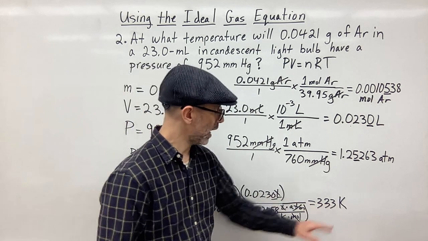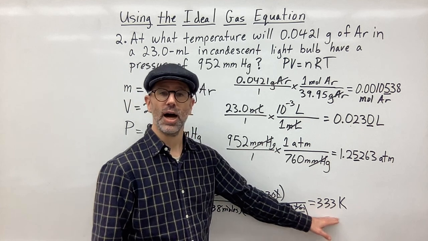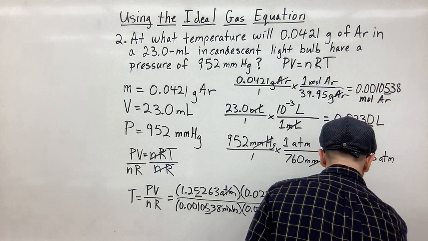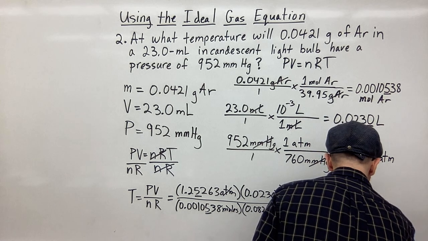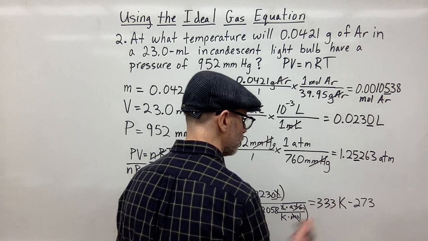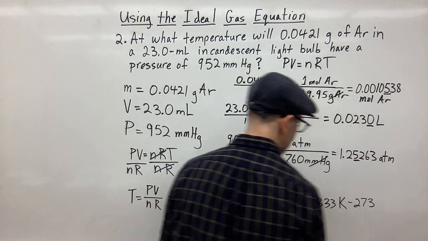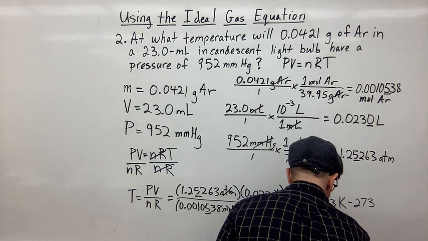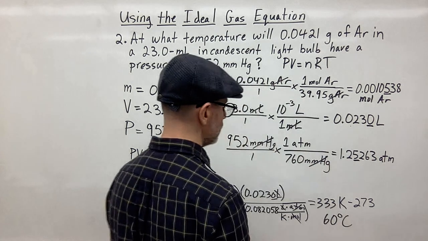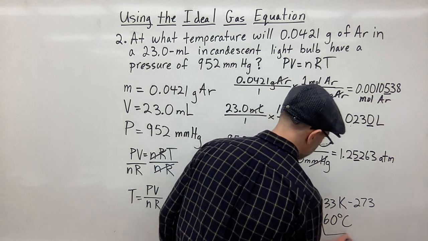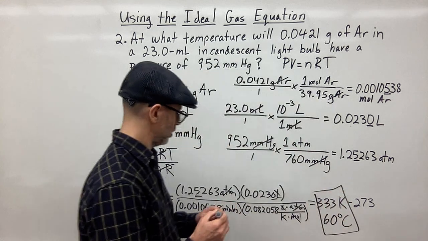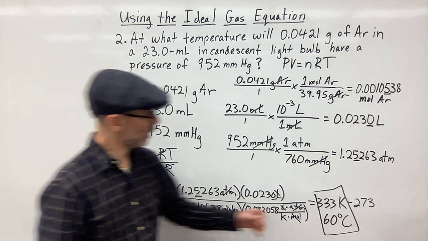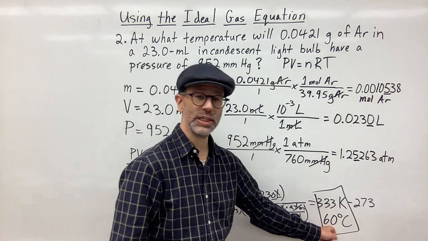Now, if I subtract, I can change this to degrees Celsius. If I subtract out 273, right, 273.15 rounded to 273, then that'll become 60 degrees Celsius. So either one of those is fine. And here you can see that it's not 3 sig figs anymore.